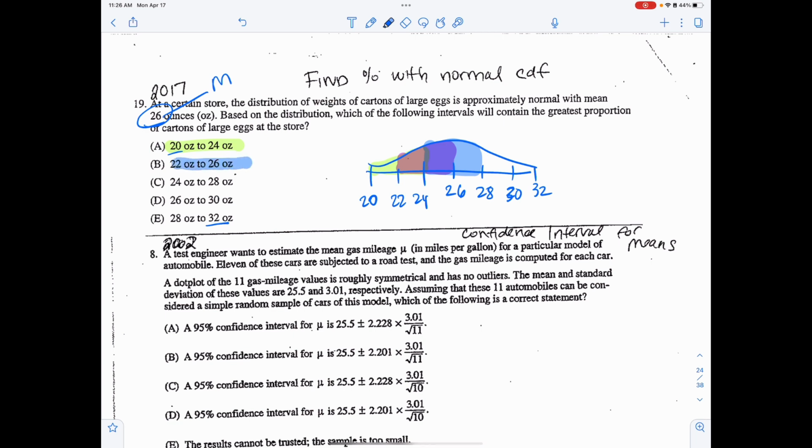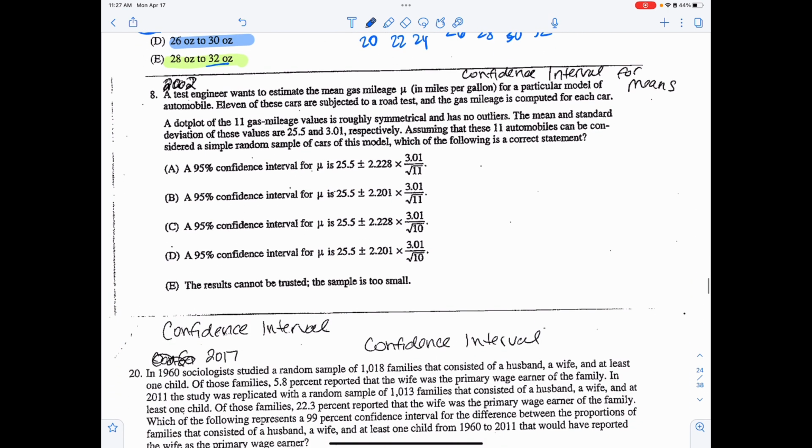Like this here is the same as this one here. It's the same area. And the same thing, 28 to 32 is the same as the first area. Those two are the same. You can see the middle area, though, is where most of the area is. And so therefore it's going to be that one, and it doesn't matter what the standard deviation was. It could be 10, it could be 20, it could be 0.1. It doesn't matter. This here is going to be the most area because the mean is centered right in the center, and that's where most of the area of the normal model is.